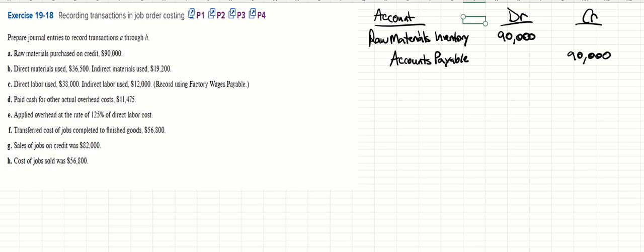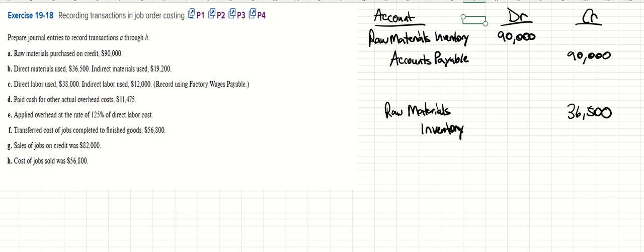So for letter B, direct materials used was $36,500. Since they were used, we're going to credit raw materials inventory, crediting that account by $36,500. And we're going to move that balance to work in process inventory.